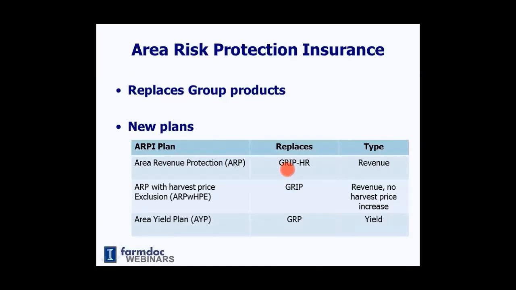So if we were purchasing GRIP HR last year, the insurance this year would be ARP, and it's a revenue insurance. It does have a guarantee increase in it. ARP with harvest price exclusion does not have the guarantee increase, and AYP is a yield insurance.